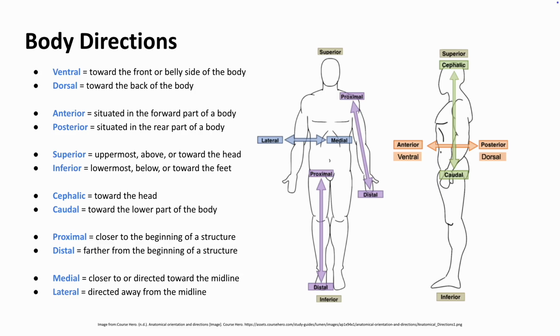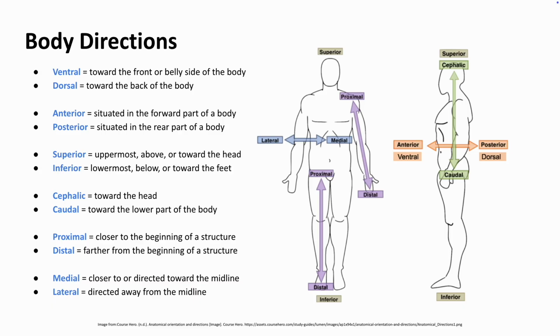Superior means uppermost, above, or toward the head. Superior just means toward the head, toward your top. Inferior is the opposite. Inferior is the lowermost or below, toward the feet. In this picture, superior is at the very top and inferior is at the very bottom.